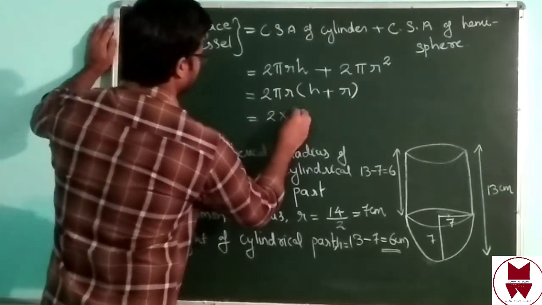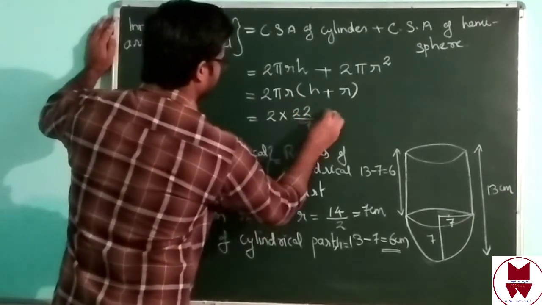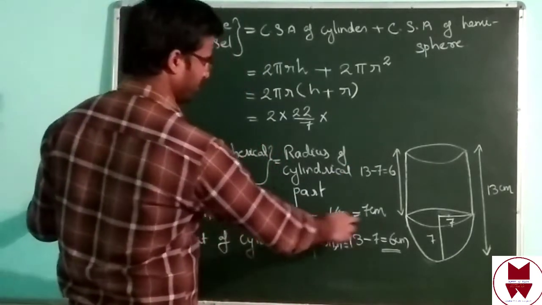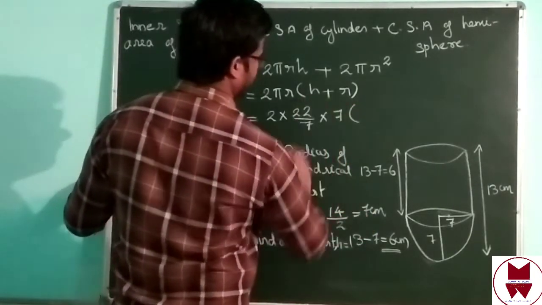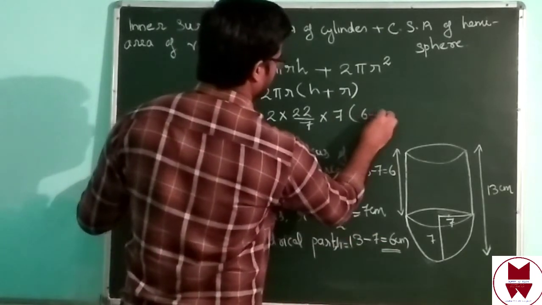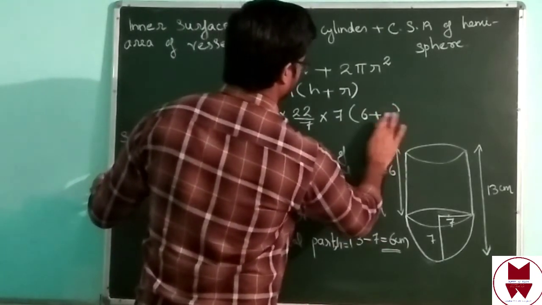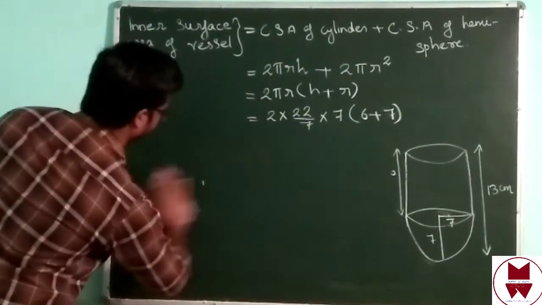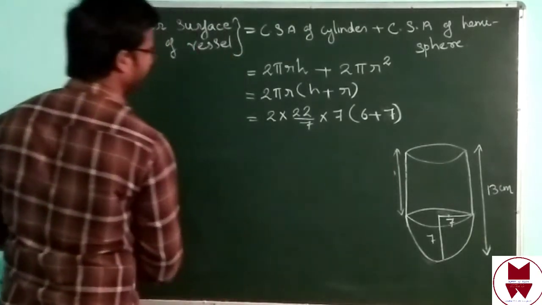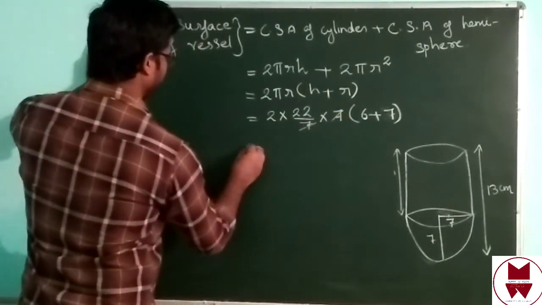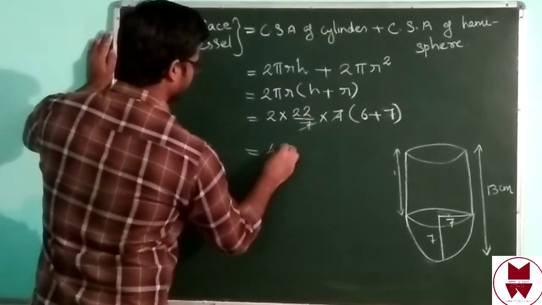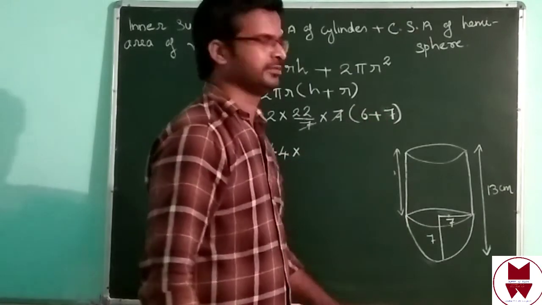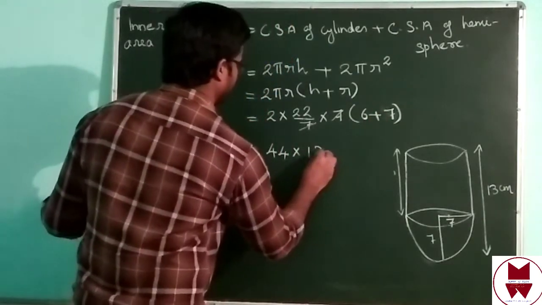2 into pi means 22 by 7 into r. Radius, already we have written the common radius, that is 7. Then h is 6 plus r means 7. Seven cancel. 2 into 22, 44 into 6 plus 7, that will be 13.